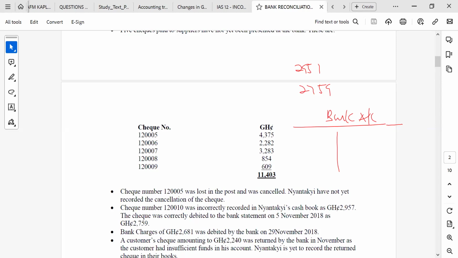If the bank is crediting, it means that we are receiving. So what was the transaction recorded in the cash book? Let's say the person's name is Amma. We recorded 2957, isn't it? But what should have been the actual amount? 2759. So what is the difference?